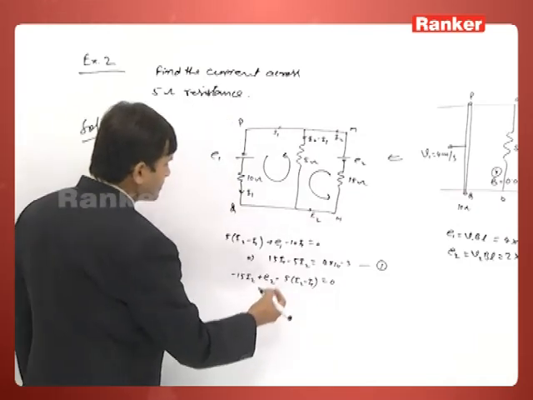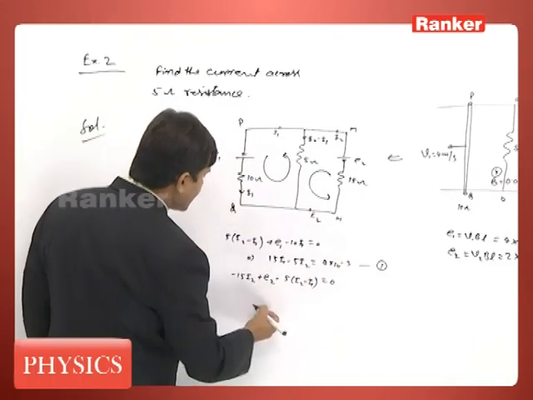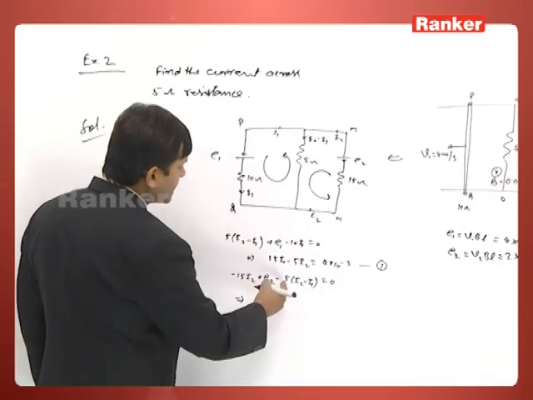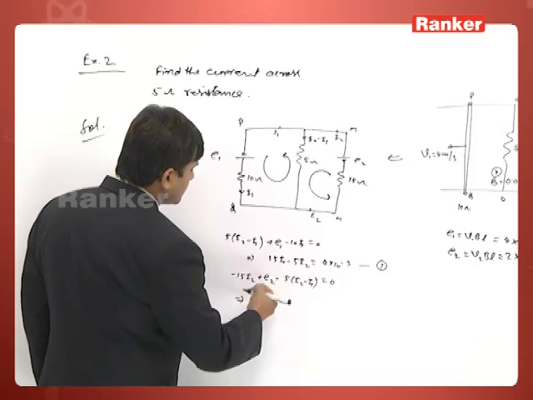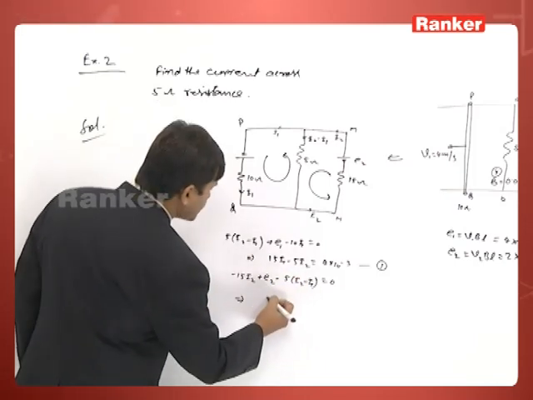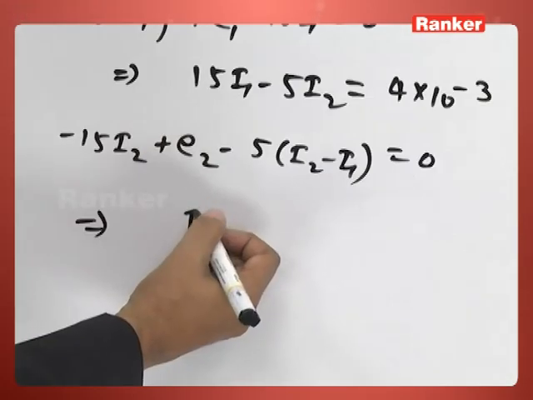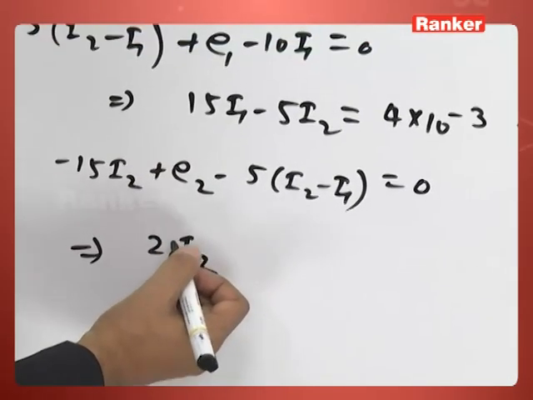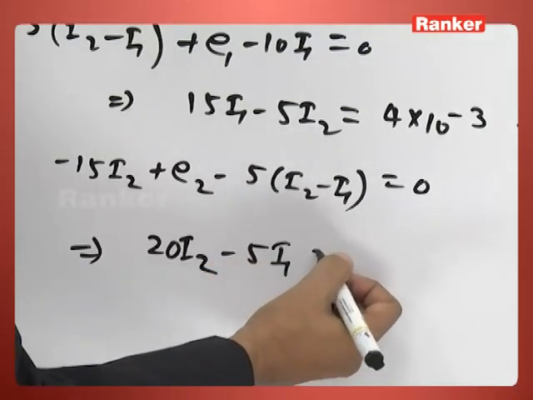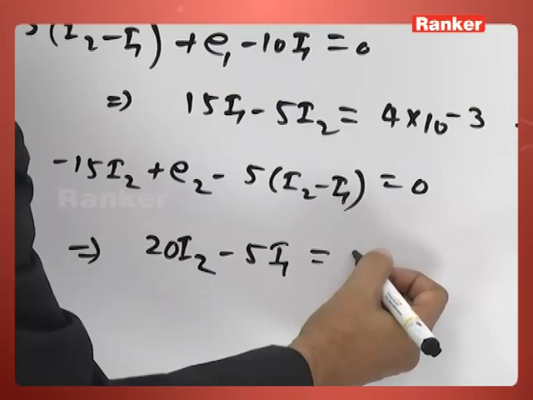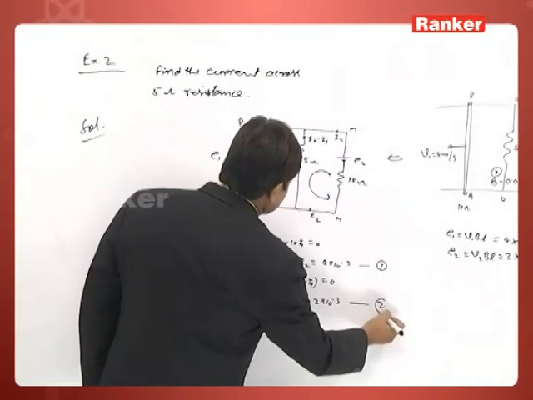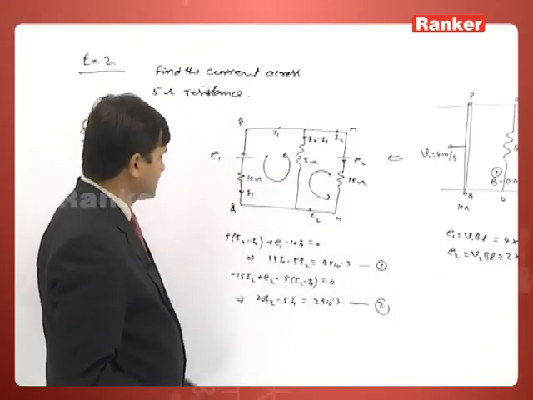So we can bring it to that side. What will be the result? 15 I2 plus 5 I2, so this becomes 20 I2, minus 5 I1 is equal to E2, and E2 is 2 into 10 to the power minus 3. This is the second equation.